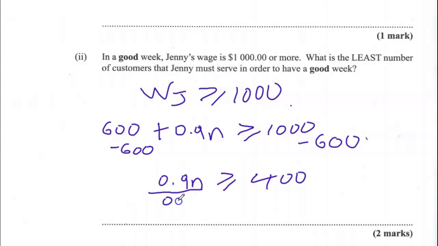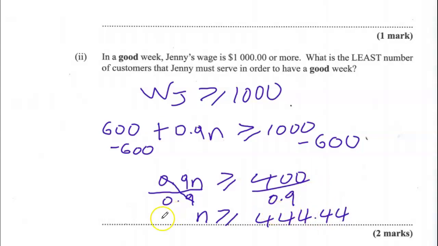Divide both sides by 0.9. We end up with N more than or equal to 400 divided by 0.9, which is 444.44. So remember, N represents the number of customers. So we're talking about number of persons, and the number of persons cannot be in decimals, right? Number of persons would have to be some natural number, of course.